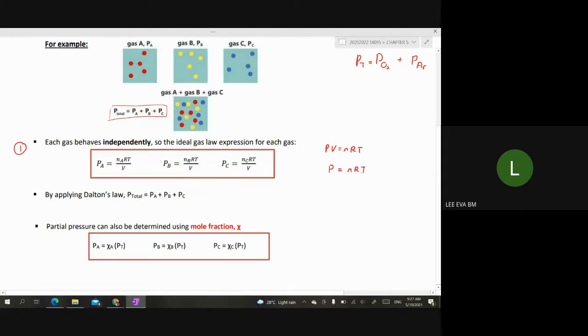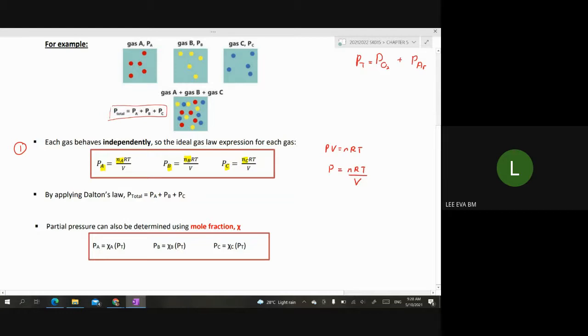So P = nRT over V. If you look at the individual formulas, you will see there is an abbreviation A and A, abbreviation B and B. That means you have more than one gas, so the symbol must be there. They cannot all be the same. To find oxygen it's nRT over V, to find argon it's also nRT over V. We cannot tell them apart, so you must put the abbreviation. The abbreviation means the letters here that Madam highlighted.